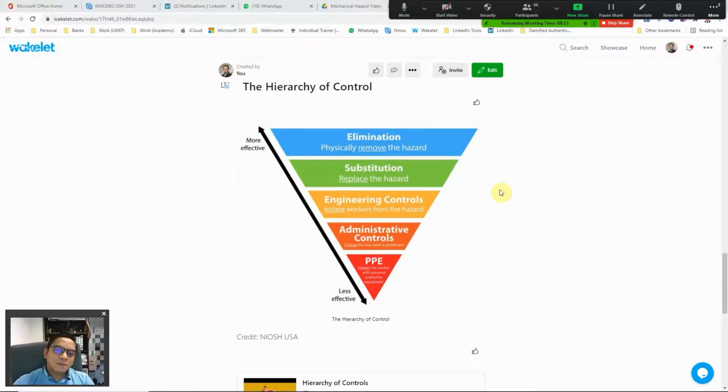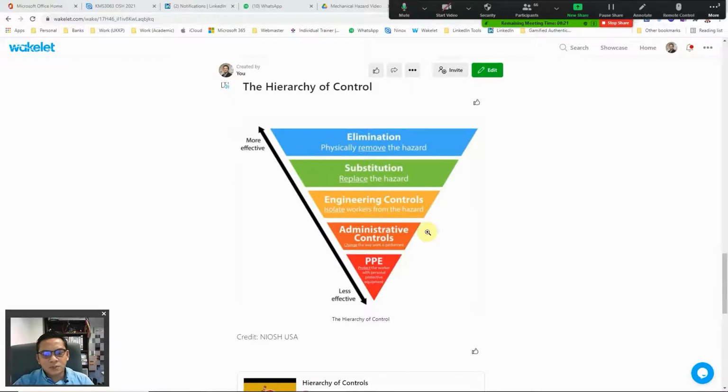So try as much as possible to use a combination of engineering controls, admin control, and PPE. The best method for controlling a hazard that cannot be eliminated is to have these three together. Don't use them in isolation. Try to have all three together to control the hazard.